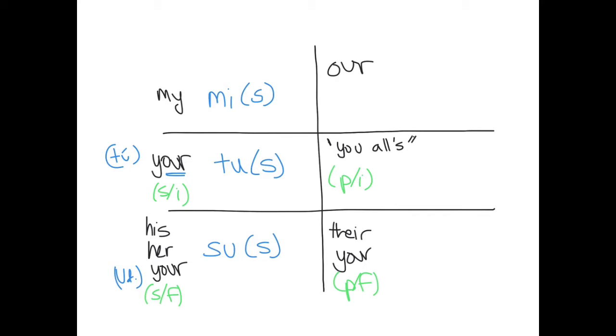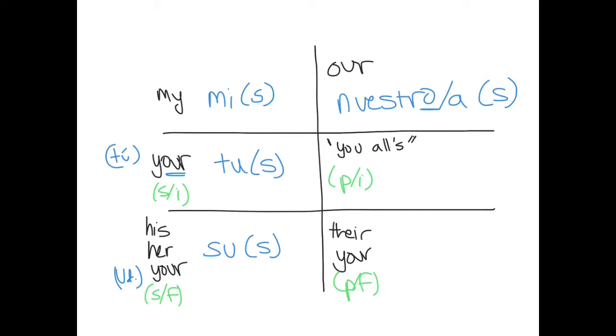To say our, we say nuestro. Now because this one ends in an O, it could also end in A, just like adjectives that end in O typically could. And again, it can also be made plural.